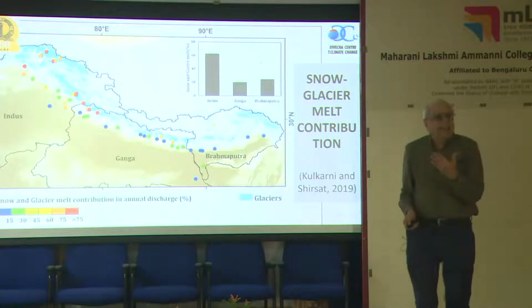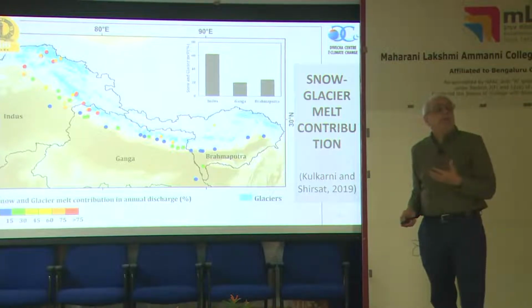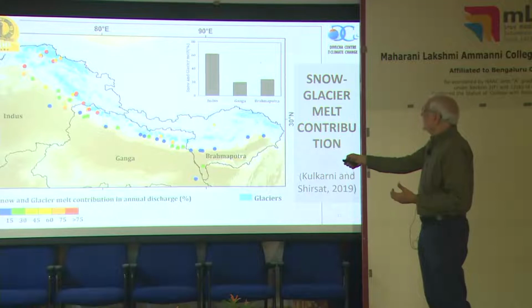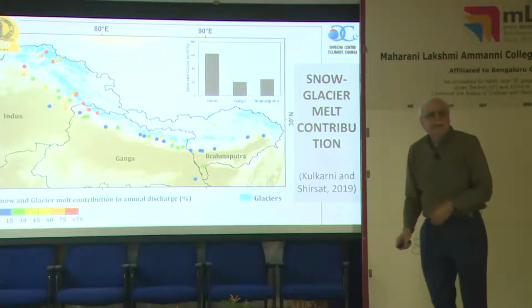So what you can see in this figure is that snow and glaciers contribute much more in the Indus basin compared to the Brahmaputra basin and Ganga basin.